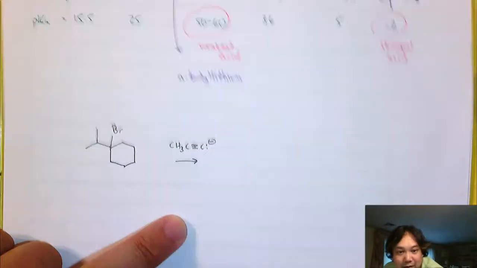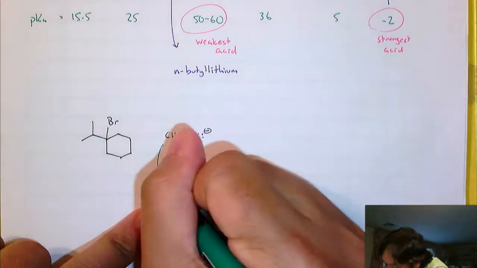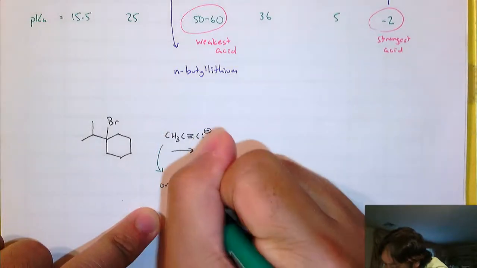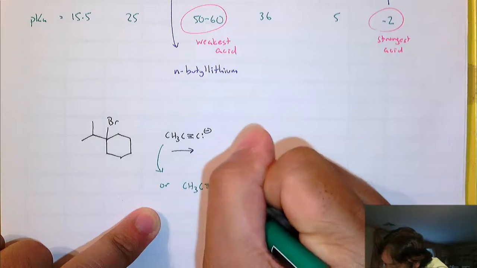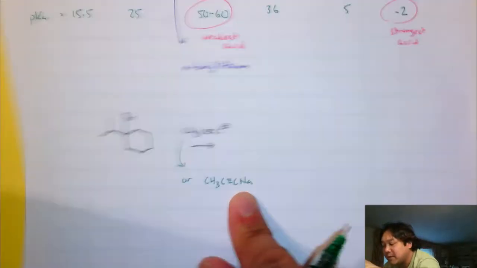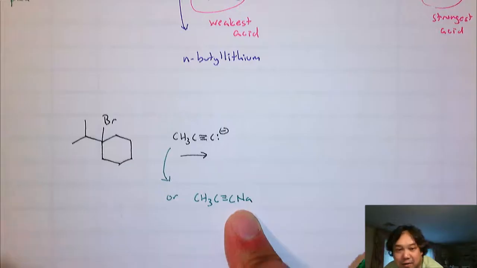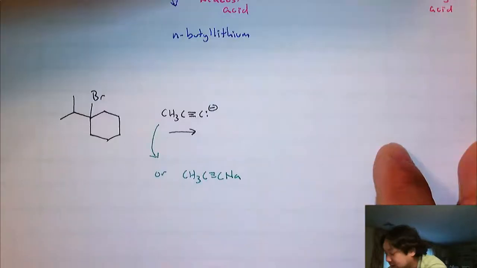Or you might see it like this with a counter ion. I'll use sodium. It should be automatic. Whenever you see sodium, lithium, or potassium, separate it and make that atom next to it an anion.